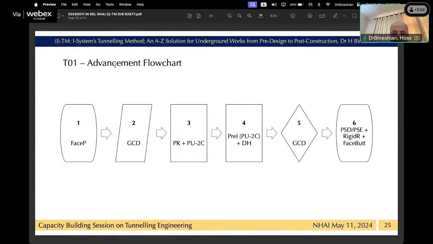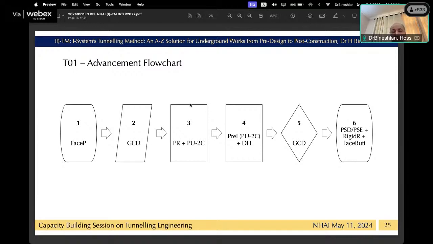Based on I-System and ITM, design was prepared, and from May 1st, 2022, they implemented this advanced flow chart. Number one, packing the face with the shotcrete. Number two, conduction of GCD, ground conductivity designation test, to measure conductivity of the face.